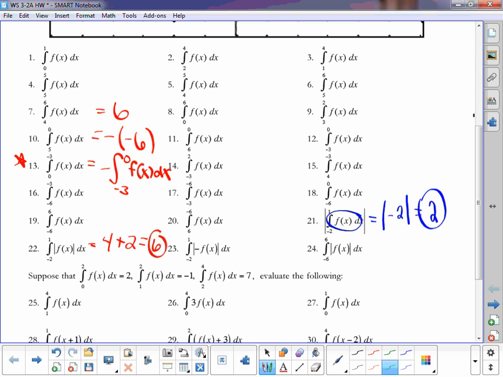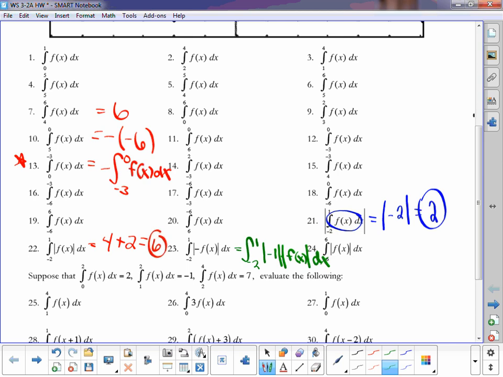All right, let's bring it back up front. We can think of this as from -2 to 1 of the absolute value of -1 times the absolute value of f of x. So you can split up that value over multiplication if you would. What's the absolute value of -1? 1.